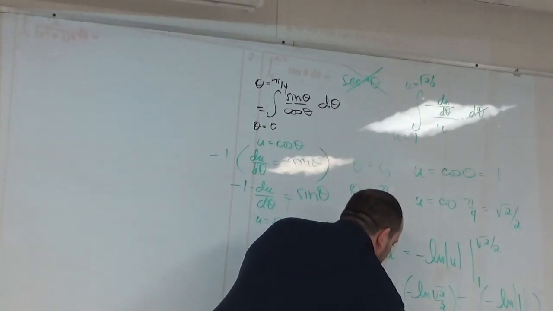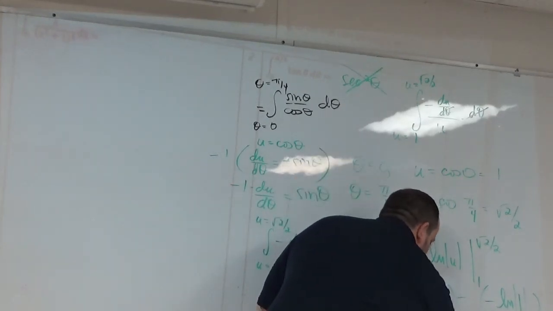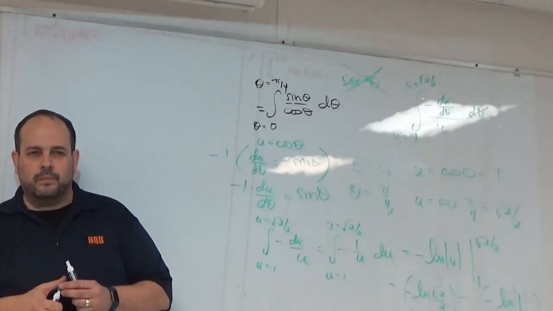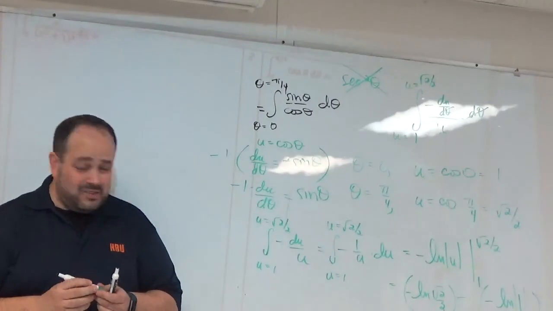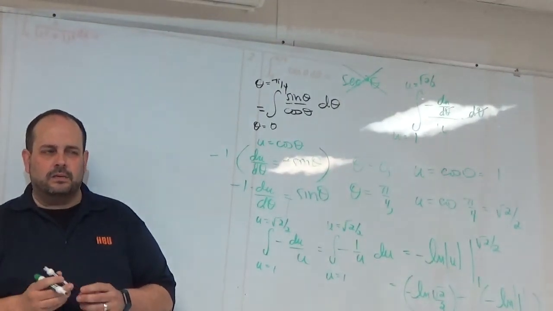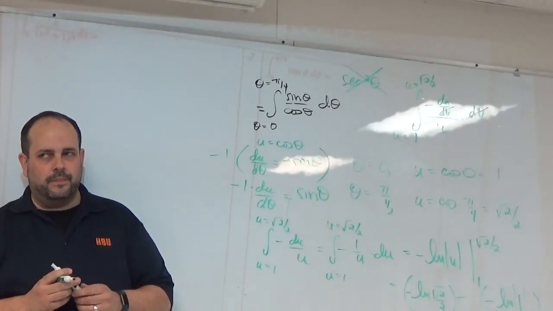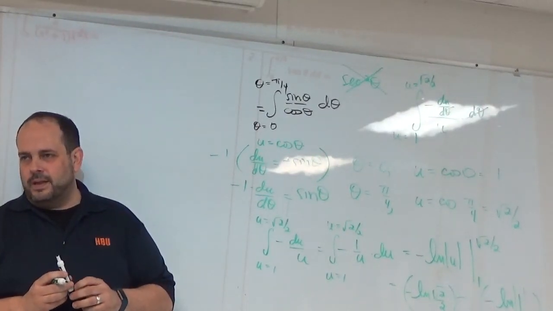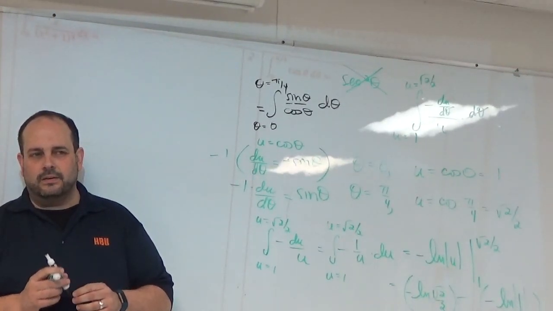Okay, in terms of simplifying, I would want you to simplify a little bit further. You could say negative the natural log square root of 2 over 2 plus the natural log of 1. And I'd hope you do one more thing. There's something that should just be right on the tip of your tongue.